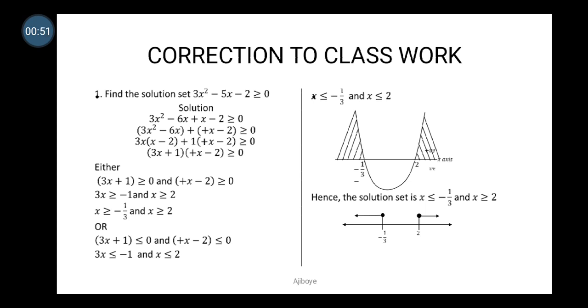Then we group in pairs, okay? So we have (3x squared minus 6x) plus (x minus 2) greater than or equal to 0. Please note that once I group and pair in my factorization, you must have a positive sign between the two brackets.